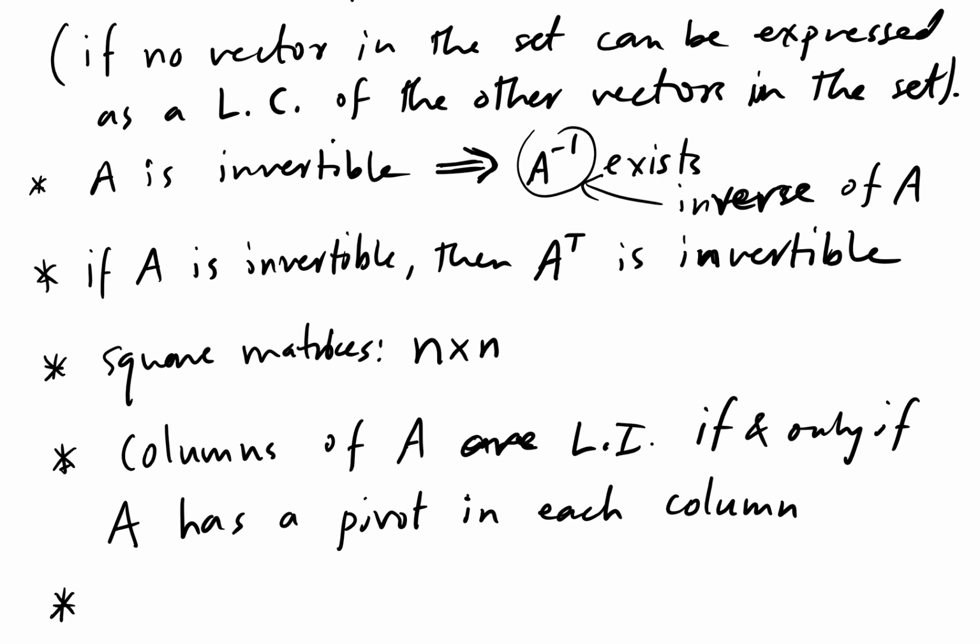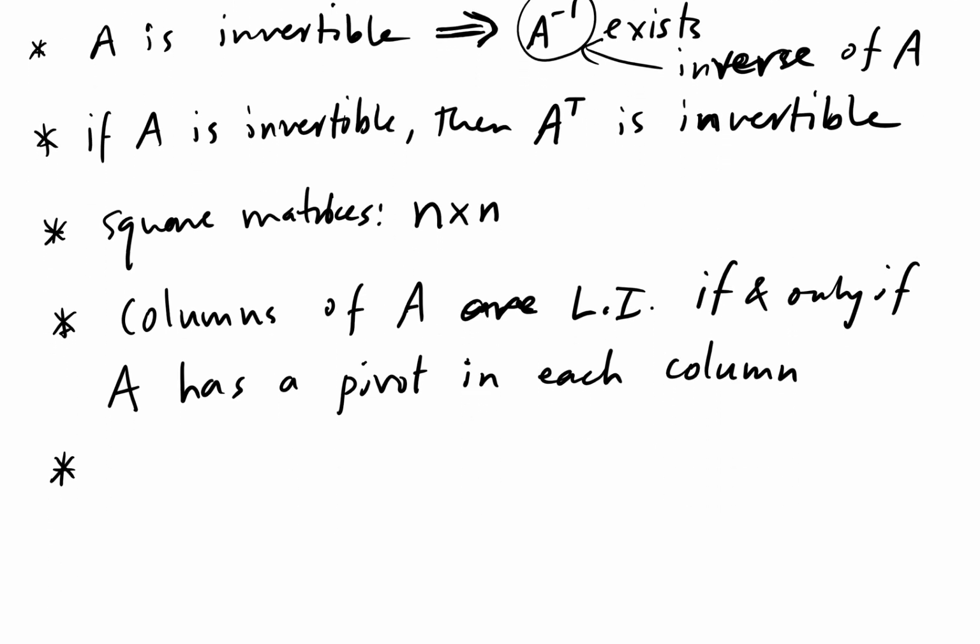You guys know what that means? A has a pivot in each column. Can someone give us an example?